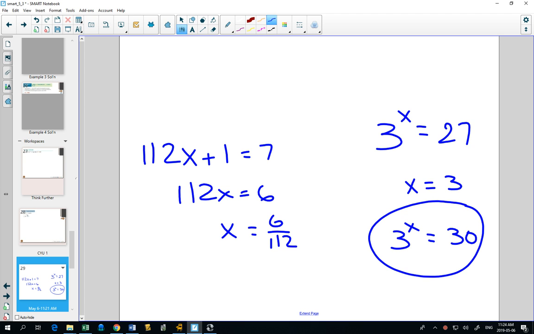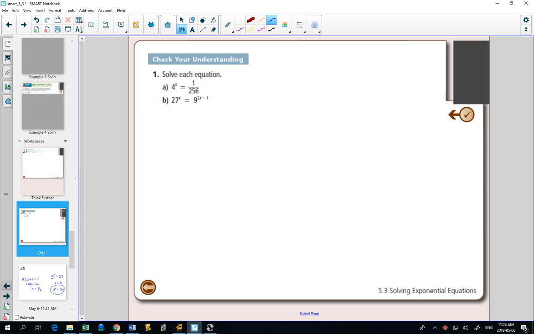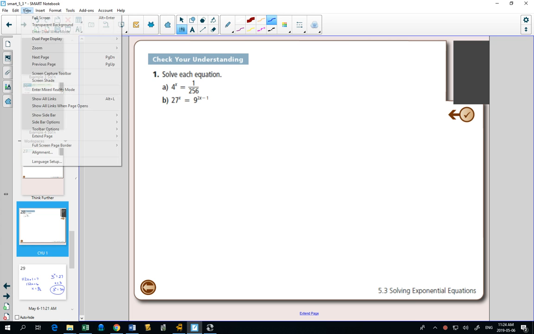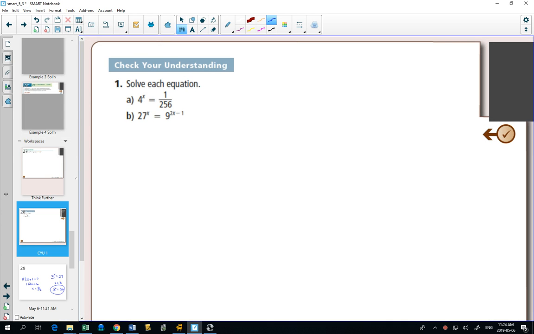And we're going to use that at the beginning because all of our non-calculator questions will be recognizing things on our powers chart. So in question A, we have 4 to the x equals 1 over 256.